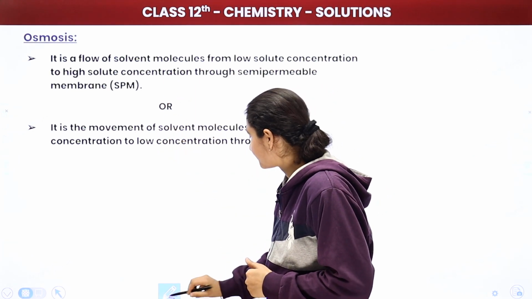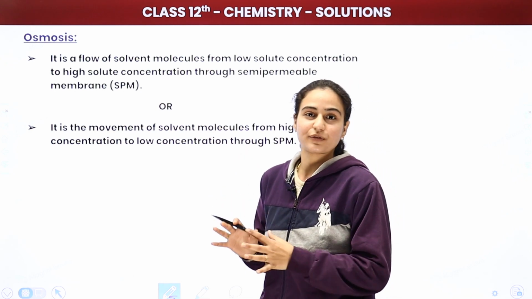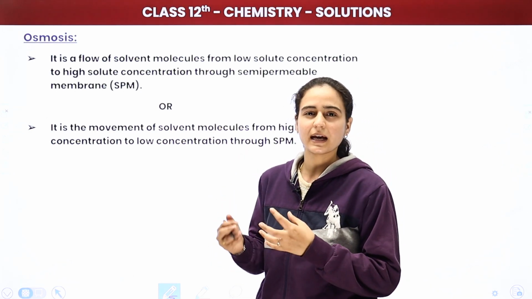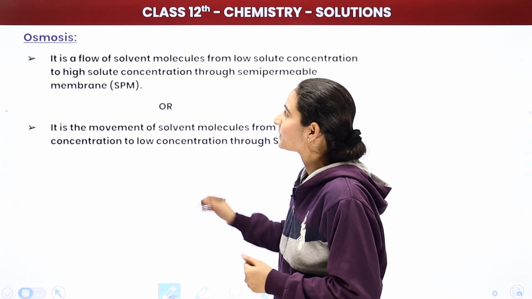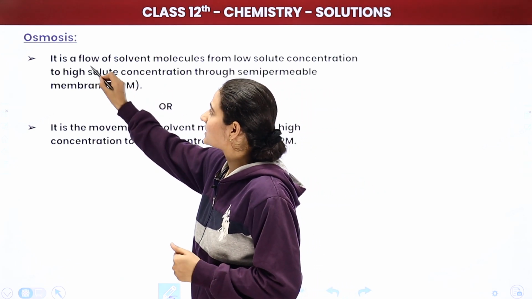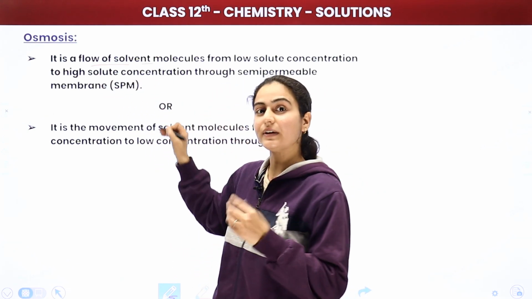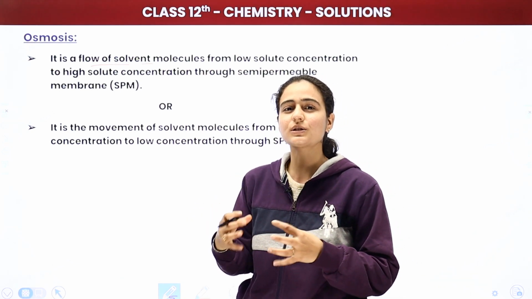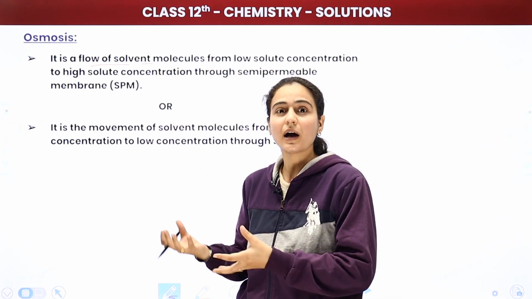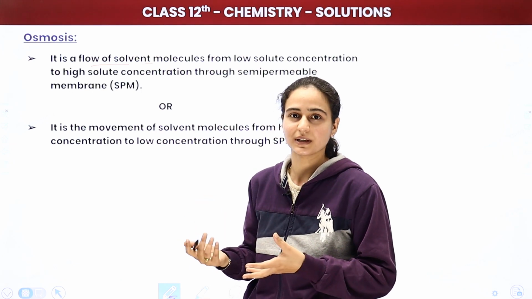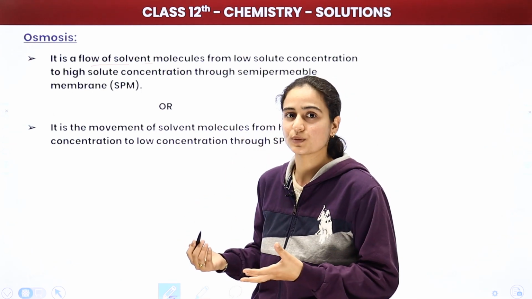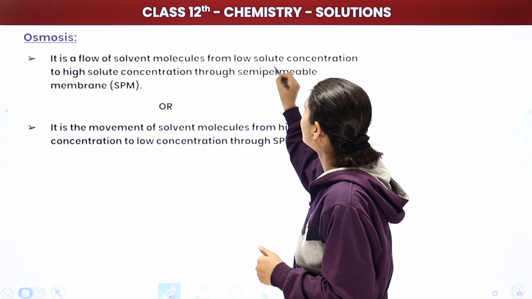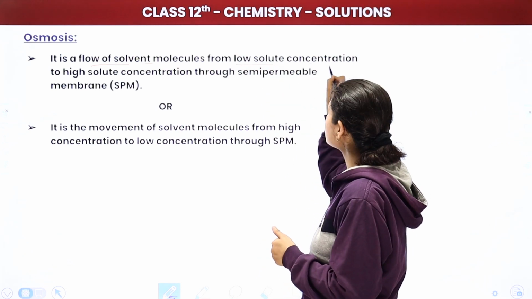So first, we read the definition that is given in the book, and I have also modified it a little. So osmosis is a flow of solvent molecules. Now what are solvent molecules? Those molecules that are present in a higher concentration, right?